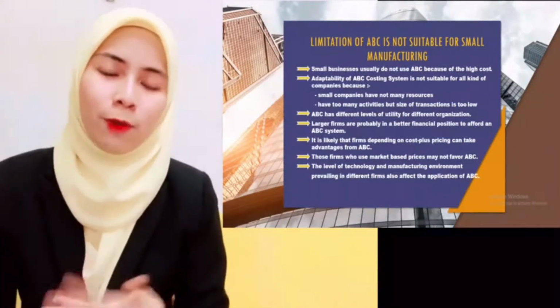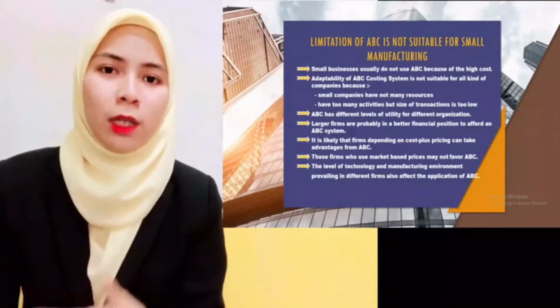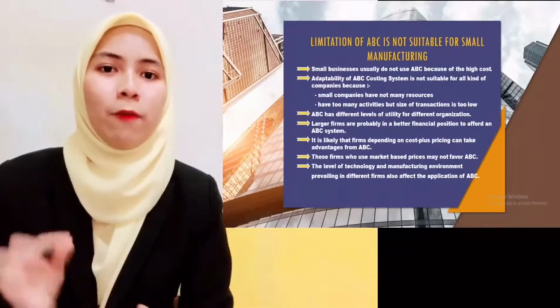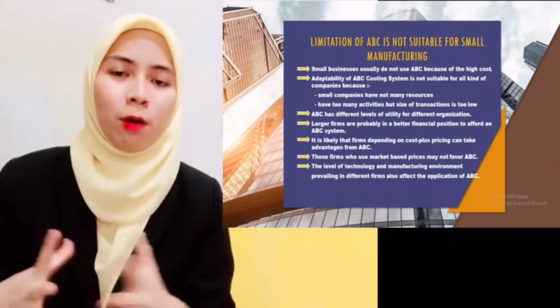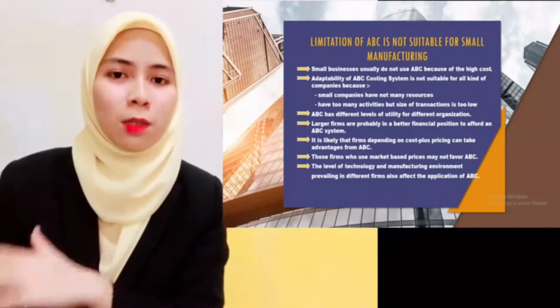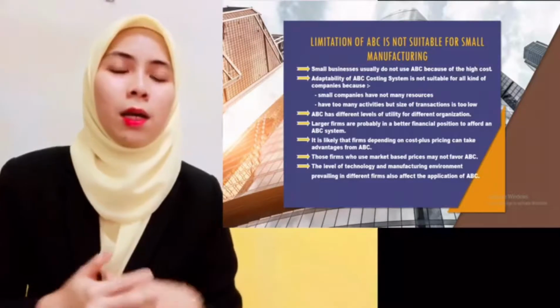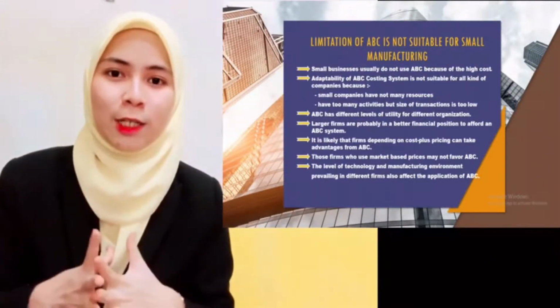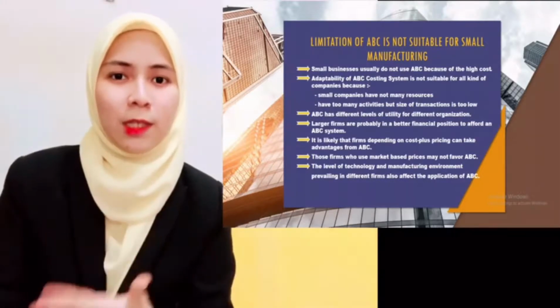ABC has different levels of utility for different organizations, such as large manufacturing firms can use it more usefully than the smaller firms. Larger firms are probably in a better financial position to afford an ABC system.